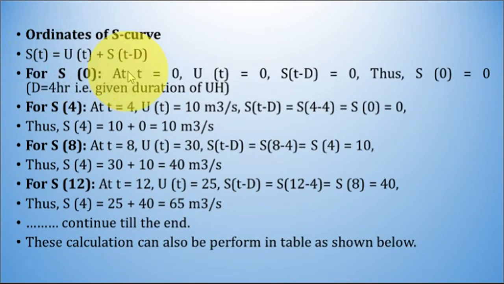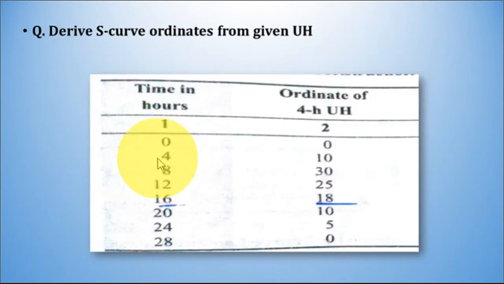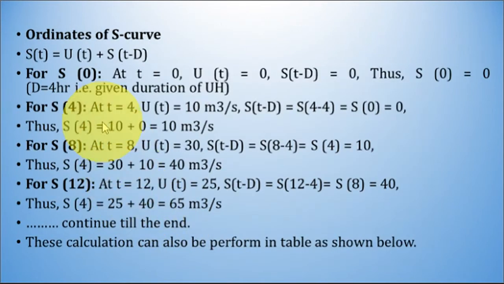So stepwise, with the help of this equation, we will find out the ordinates of S at the corresponding times t, which are 0, 4, 8, 12, 16, 20, 24, 28 hours.